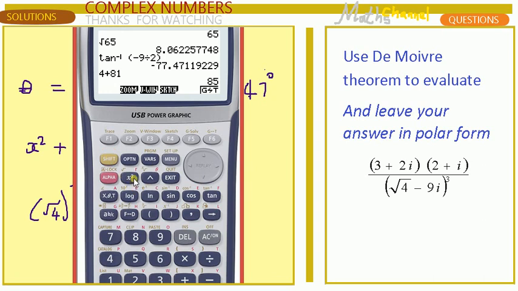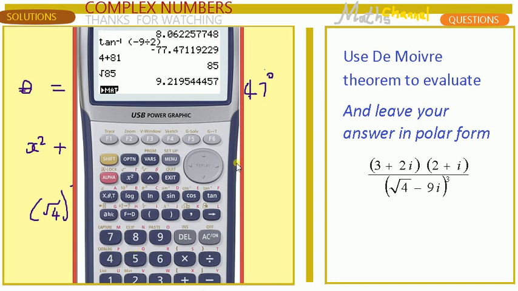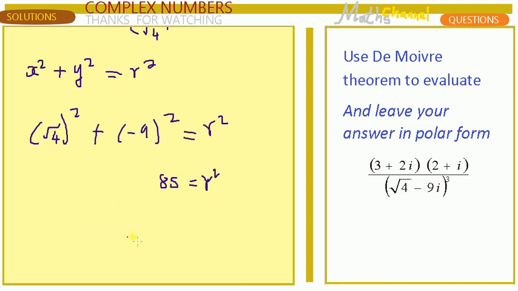Shift square root of 85, what is the square root of 85? It is 9.2. So we'll have 85 equals r square, and then r is 9.2.